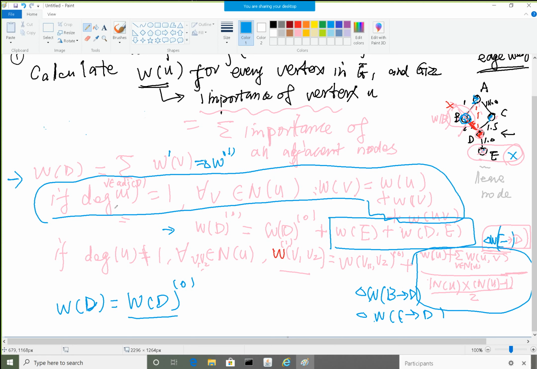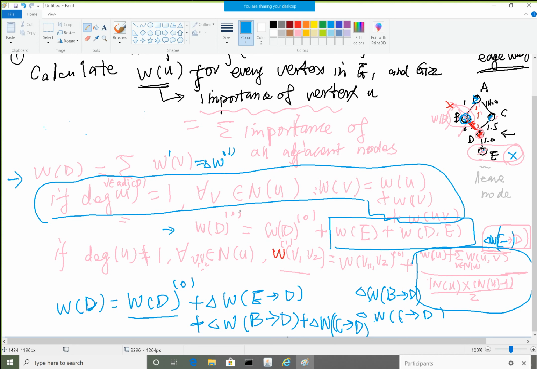If the PPI network does not give it to you, you treat it as 0. Plus the contribution W from, in this case, E to D, plus the contribution from B to D, plus the contribution from C to D.